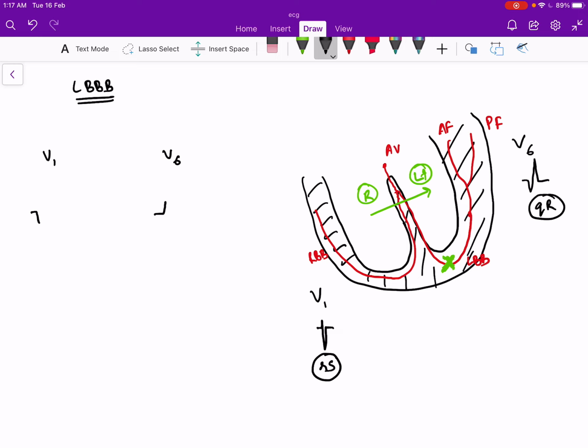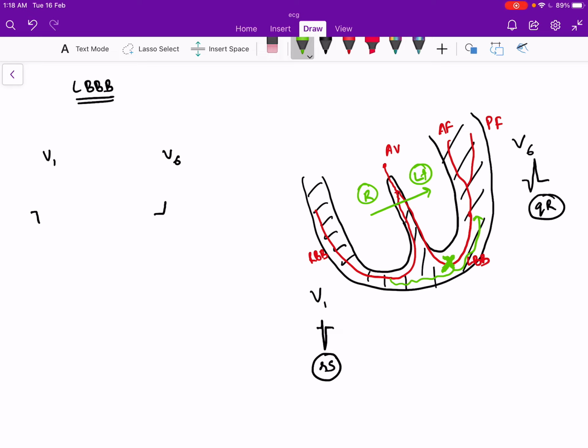Now the next step comes, the depolarization of the ventricular muscle as a whole. As this left bundle branch is blocked, the left ventricle and the right ventricle are both stimulated by the right bundle branch. The stimulation begins with the right ventricle and then spreads to the left ventricle, and the left ventricle depolarizes late.